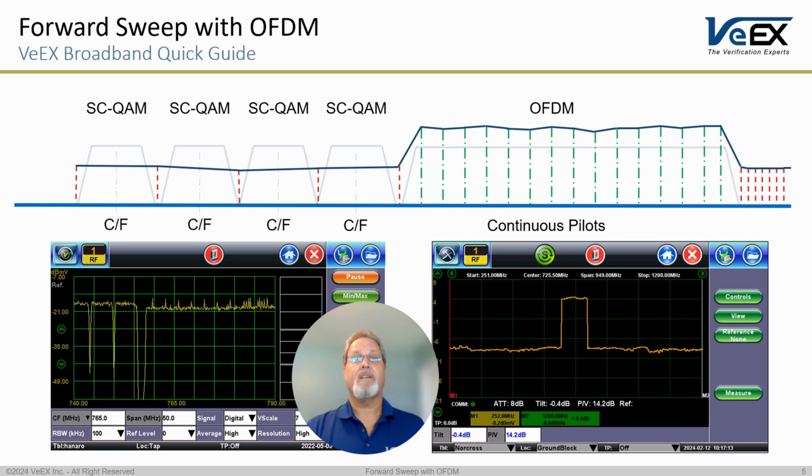So the VeEX Kalen sweep system is a full system sweep of your RF plant. So it's good to know that with our method, you are not bypassing or ignoring the power bandwidth of that OFDM. You are actually utilizing the OFDM's power and using it for your sweep trace.